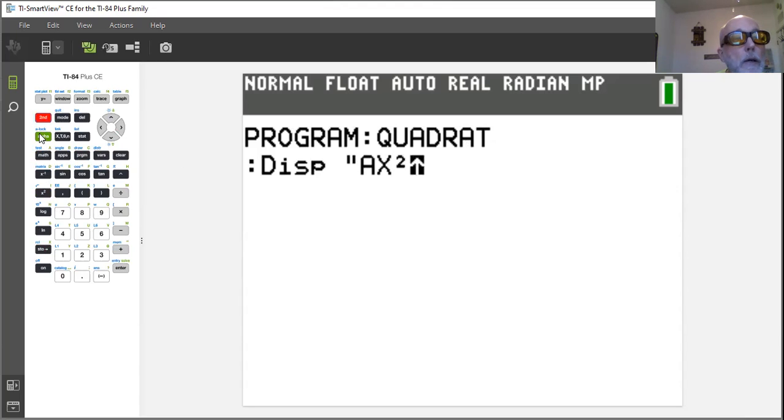No, no, no, don't want to get back into alpha. I want the plus sign. Then I want alpha B and alpha X. There we go. And then I want another plus sign. And then I want alpha C. There we go. And then I have to have the plus sign one last time.